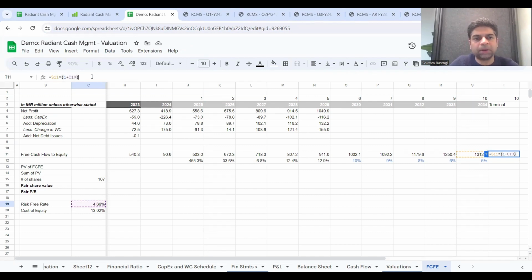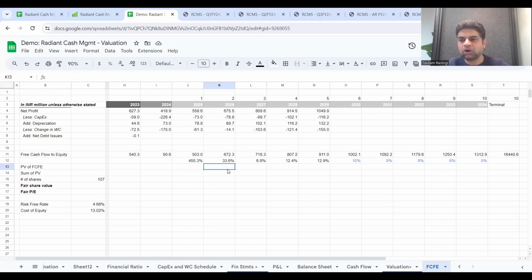For the terminal growth rate, you assume using the Gordon growth model. So in the denominator, you have to do cost of equity minus the terminal growth rate. The cost of equity is 13% for this company, which I've already estimated in advance, minus the terminal growth rate of 4.66%. So this is my terminal cash flow.